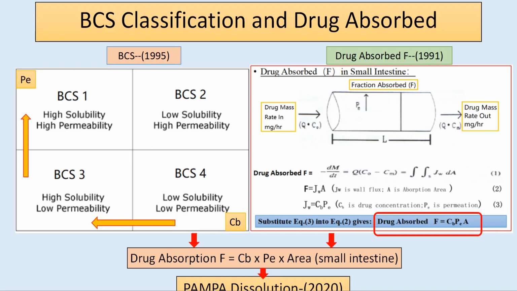However, in terms of the definition for CB and PE, they are interrelated. So the CB and PE should be measured simultaneously. But back in 1990, there was no such simultaneous instrumentation invented until 2020.